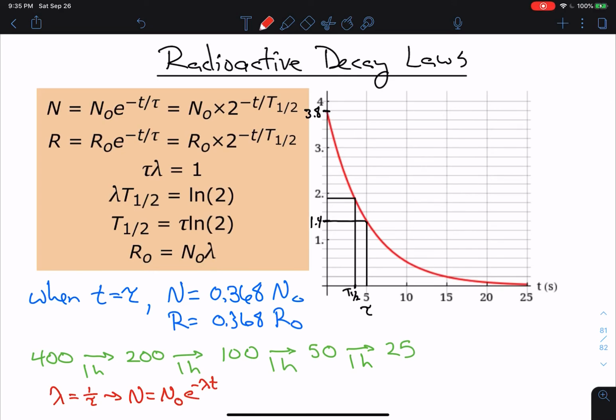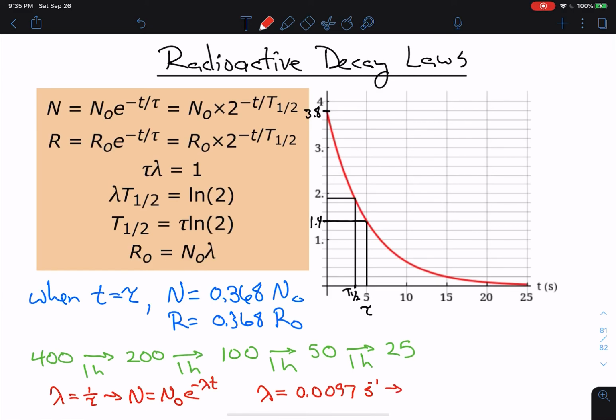Gamma is useful because if gamma is much less than 1, then it tells us the probability that a given atom will decay within the stated unit of time. So let me give an example. Let's say that gamma equaled 0.097 inverse seconds.